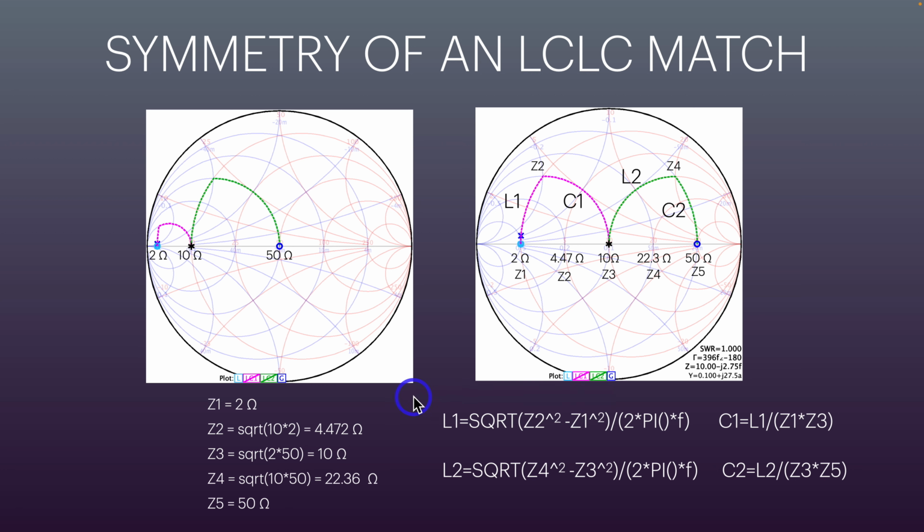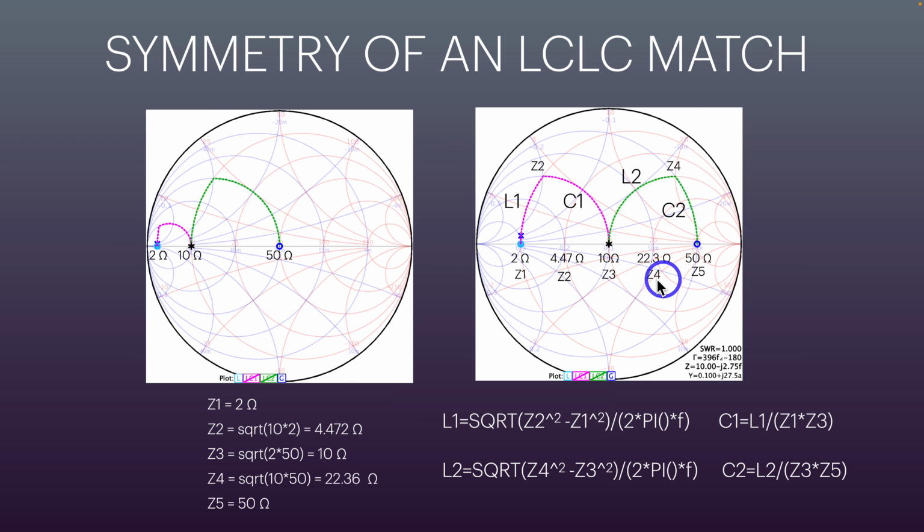So this graph is showing the symmetry of the LCLC match, so the bottom plot that we showed in the last chart. And it turns out that all these numbers down here are the geometric mean of every combination of the impedances. So the 10 ohm is the geometric mean of 2 and 50, and then for the 2 ohm and 10 ohm, the geometric mean is 4.47, and from 10 ohm to 50 ohm the geometric mean is 22.3.